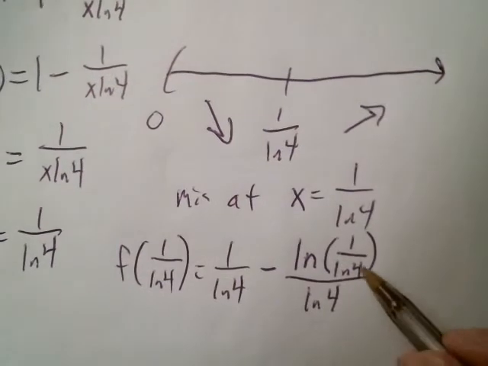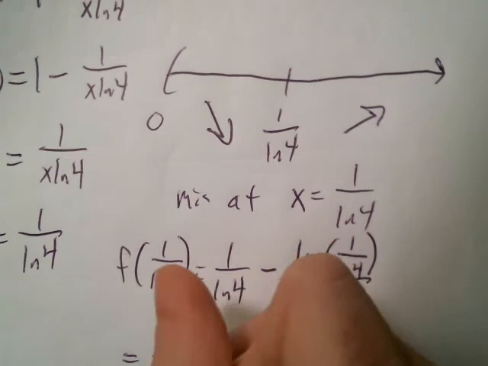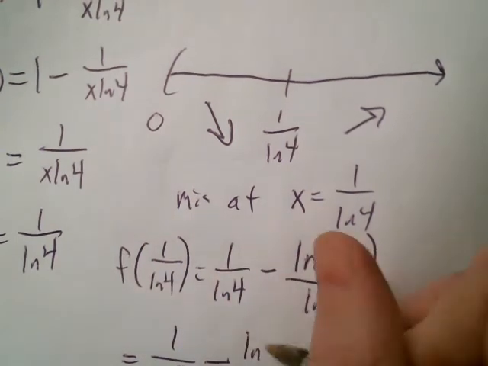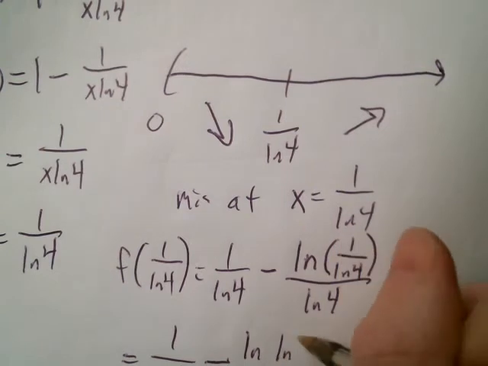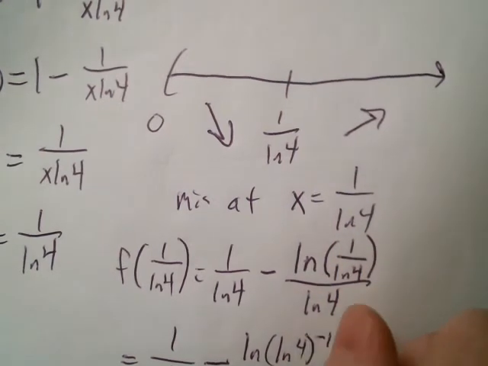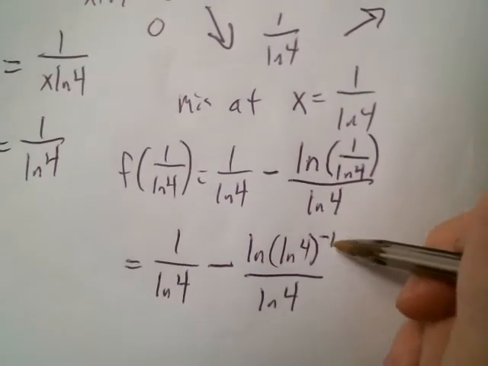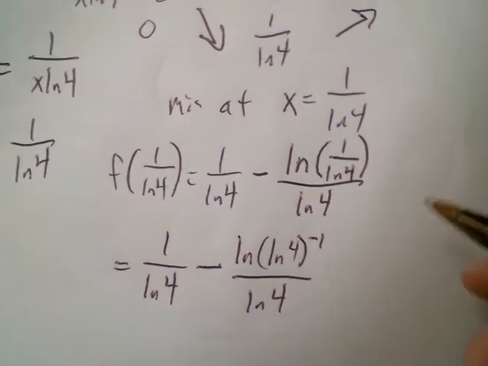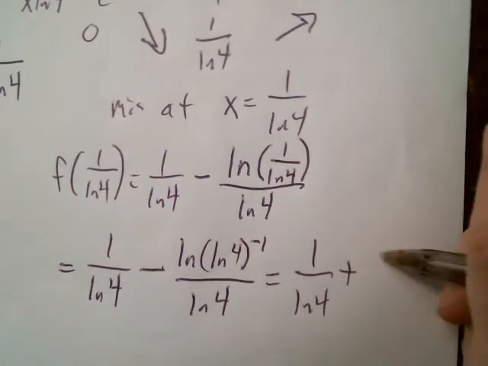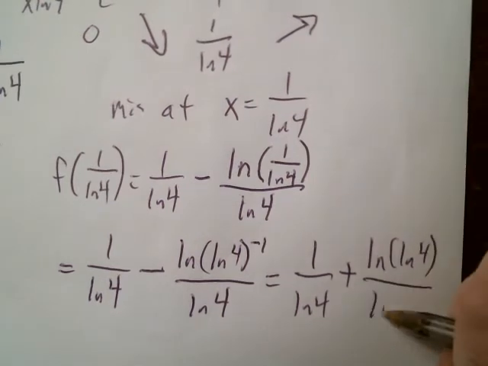And then you could rewrite this inside part. So you have 1 all over ln 4 minus ln of ln 4 to the negative 1, all over ln 4. And then you do a power rule and bring that negative 1 in front. And what's going to happen is you're going to end up with 1 all over ln 4 plus ln of ln 4 all over ln 4.